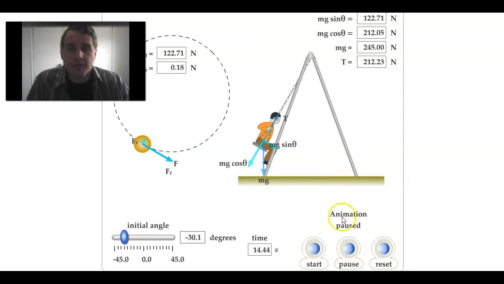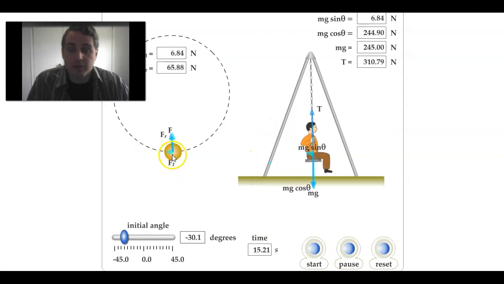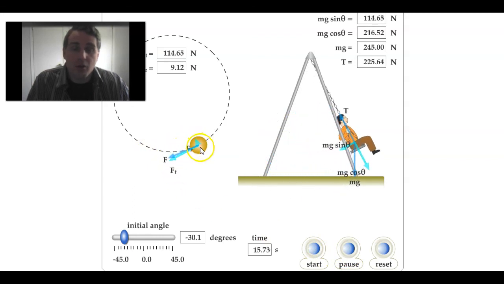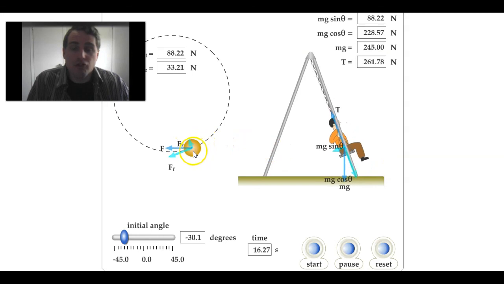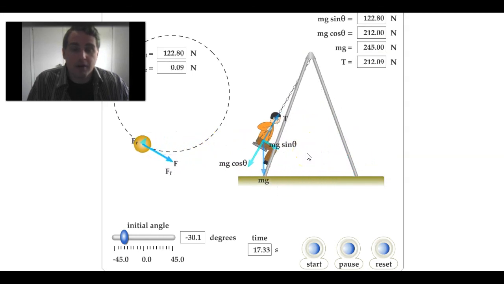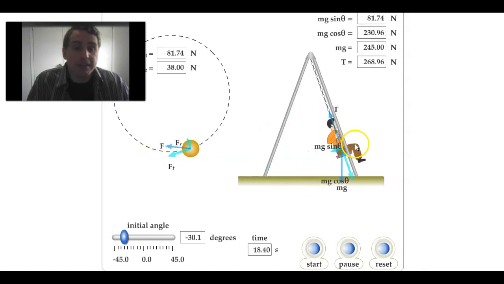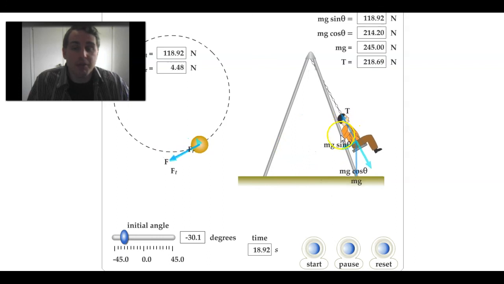Now, let's see. The weight does not change, but mg sine theta and mg cosine theta constantly change throughout this thing's motion. So notice that we have the greatest centripetal force when we're at the bottom of the swing, and we have the least centripetal force when we're at the top of the swing.